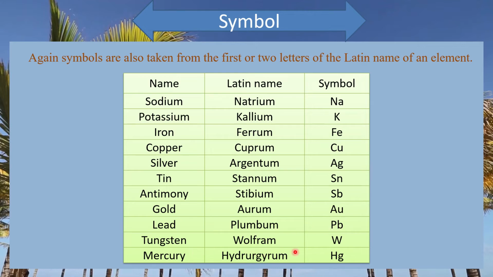Tungsten, wolfram, its symbol is W, and mercury, hydrargyrum, its symbol is Hg. Dear students, you know there are total 118 elements, and these 118 elements have their name and they have a symbol also.